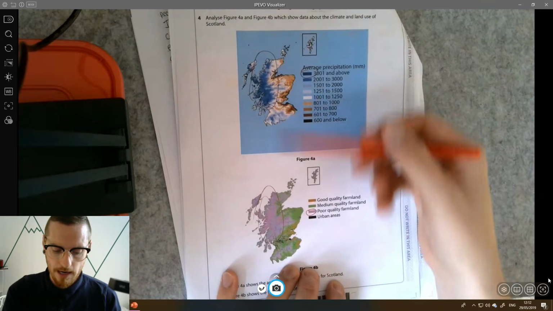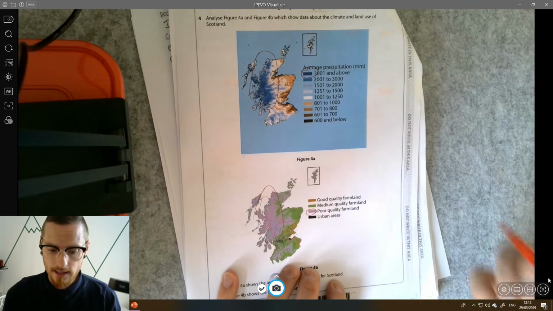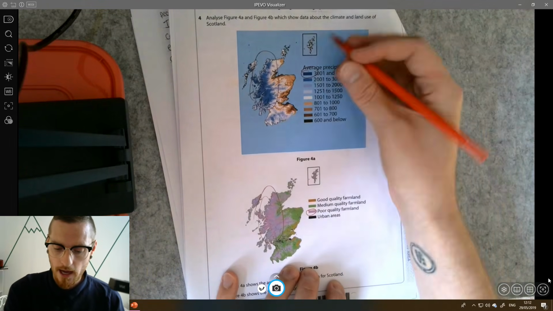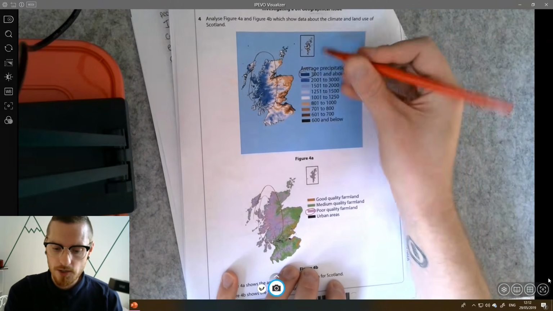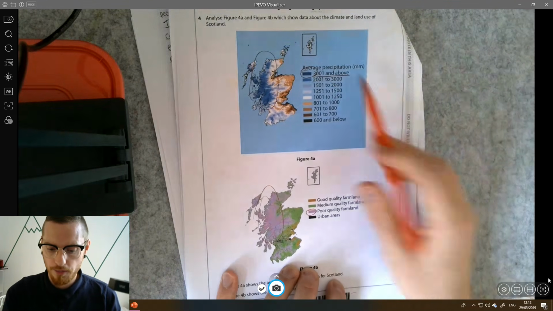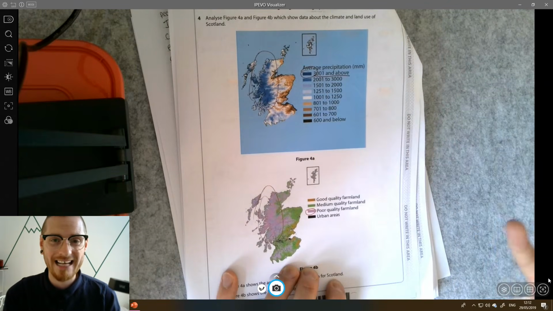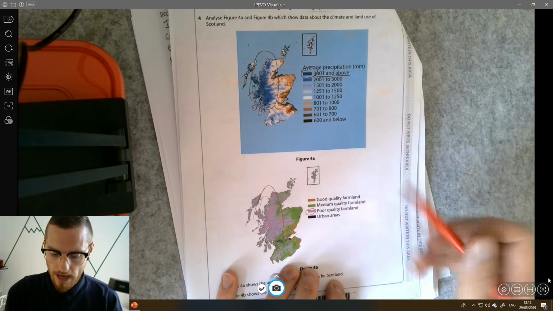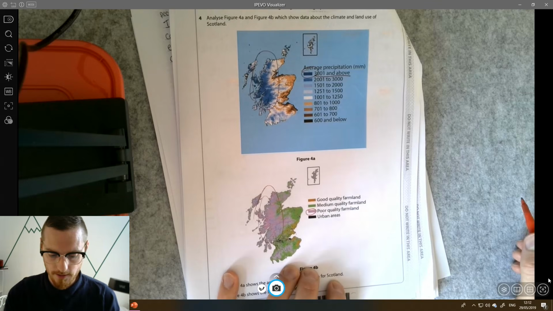So one obvious similarity here, and it's going to give me my trend, is that, and I'm going to use the evidence from the resource, where there's precipitation above 3001 millimeters, i.e. a lot of precipitation, we have poor quality farmland.